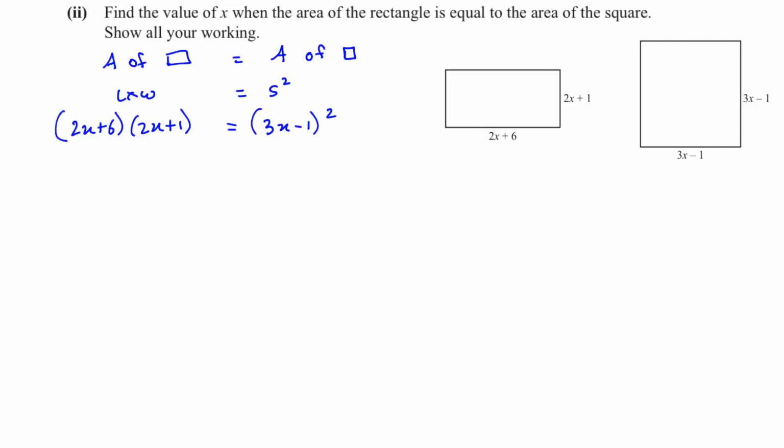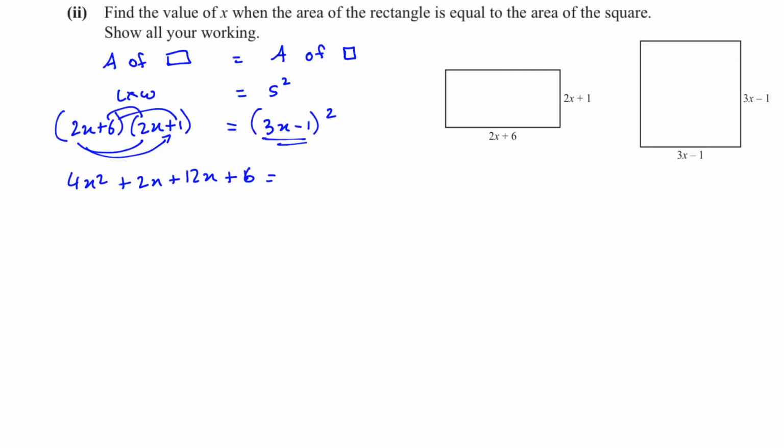We are going to expand this bracket. So 2x multiplied by 2x will give us 4x squared. 2x multiplied by 1 is 2x. 6 multiplied by 2x is 12x, and 6 multiplied by 1 is 6.